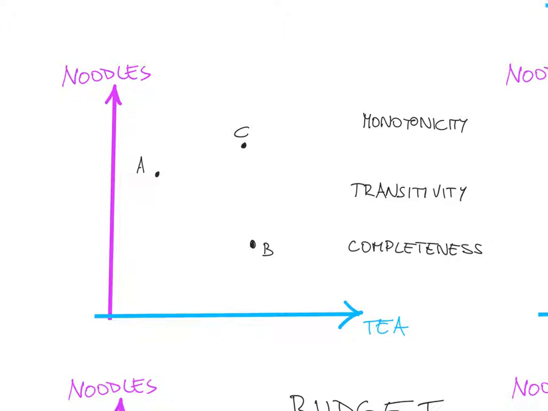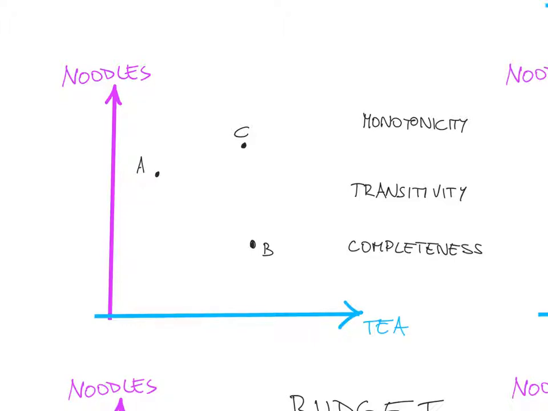We are talking about quantities, but we usually don't bother to talk a lot about units because they are not the focus of our attention here. We're talking about quantities of noodles and tea. The reason I put those two axes down is that we can model any bundle consisting of these two goods as a point in the plane.